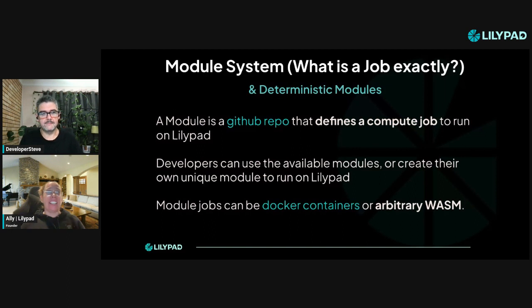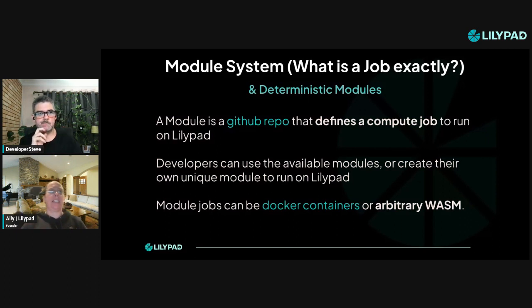So what exactly is a job, and these deterministic modules? A module is basically a GitHub repo that defines a compute job to run on Lilypad. Basically, a compute job is a Docker container or an arbitrary WASM job. It then has this GitHub repo that is the Lilypad spec, and that's how it matches to the GPUs on the network.